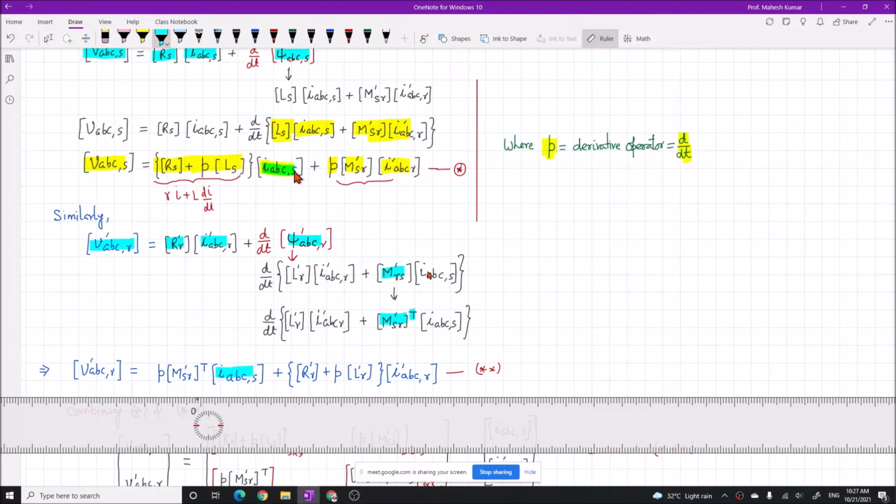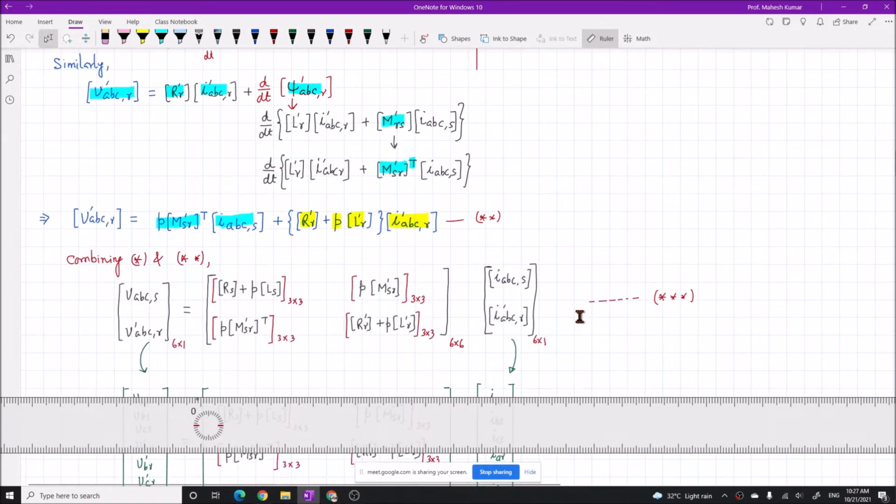And here the matrix is P M_SR' transpose. The other term is R_R' plus P L_R' and I_ABCR'. So these are the two voltage expressions for the stator side and the rotor side.